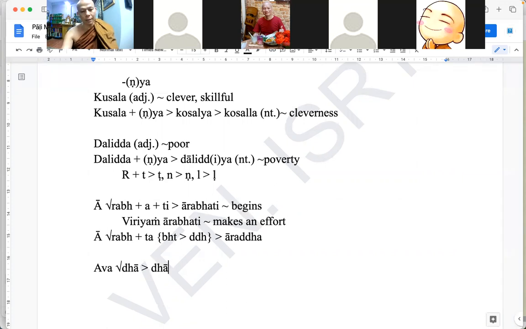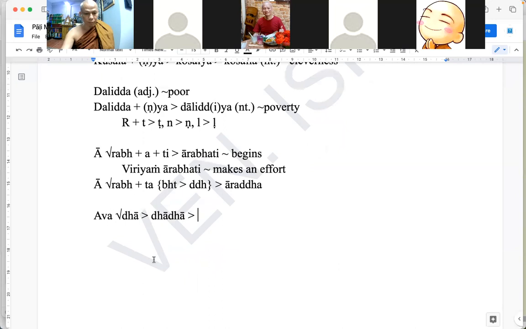In the first form ha is silent, and in the last form dha is silent, and the a also becomes short.